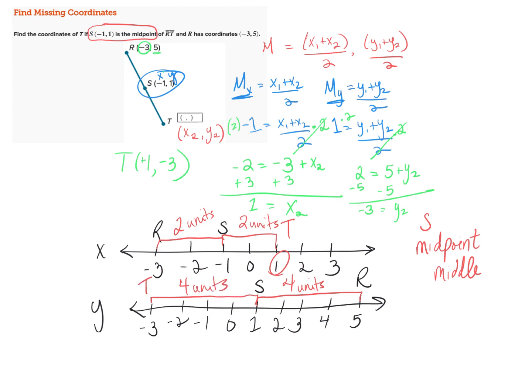So that puts T at negative 3. So that is 2 ways that you can solve for the endpoint of a line segment given the midpoint.